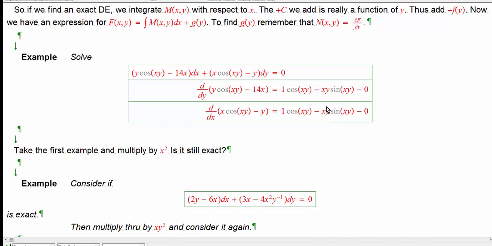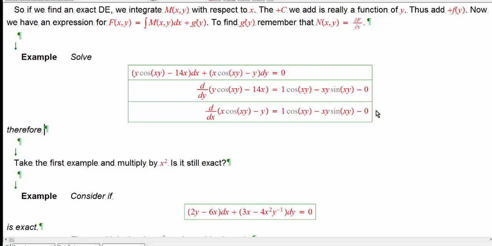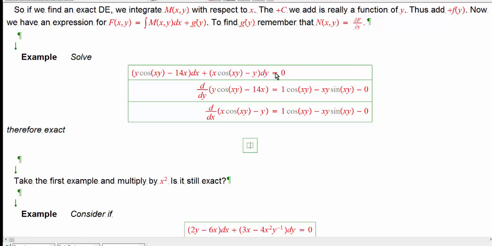So by Clairaut's theorem, there is a function to find. There is an f of xy. Therefore, it's exact. I would even put that on quizzes and tests and stuff in your notes. So you're telling the reader of the notes that you've checked to see it's exact, and now you can proceed ahead with the method.